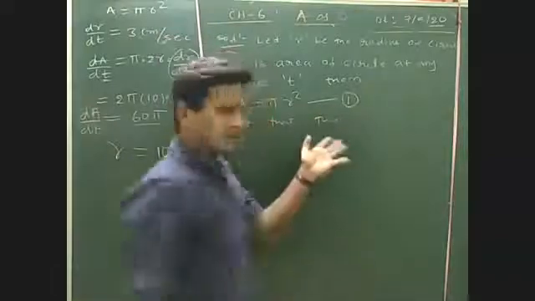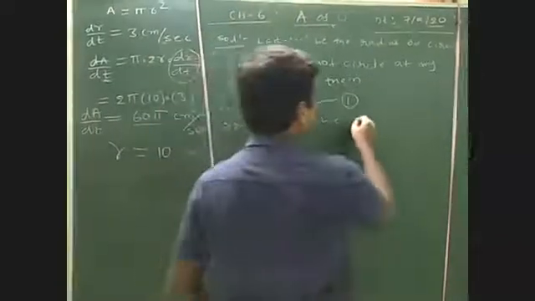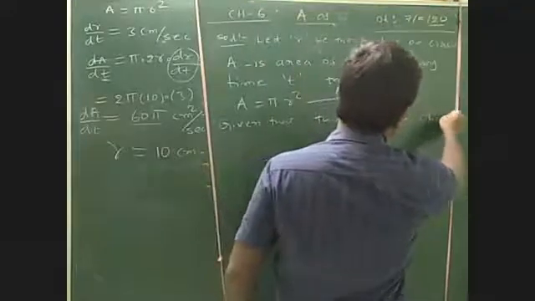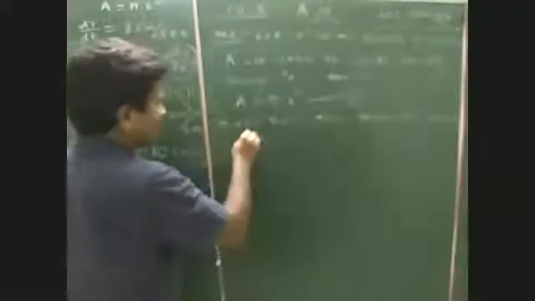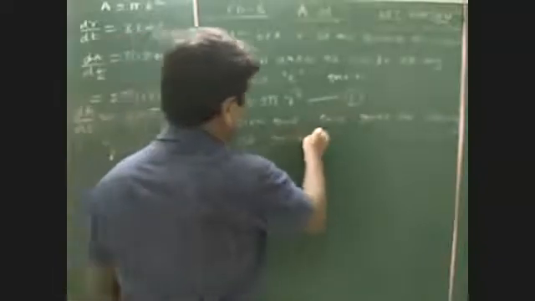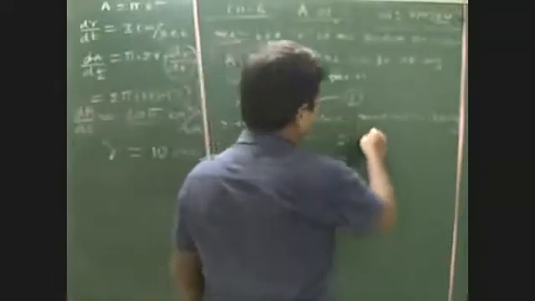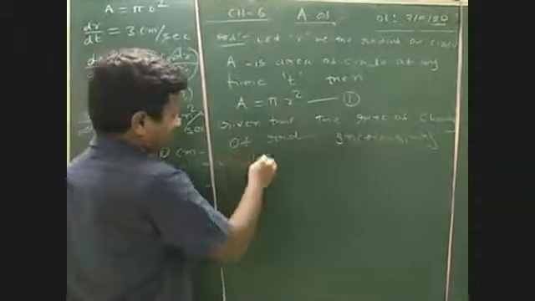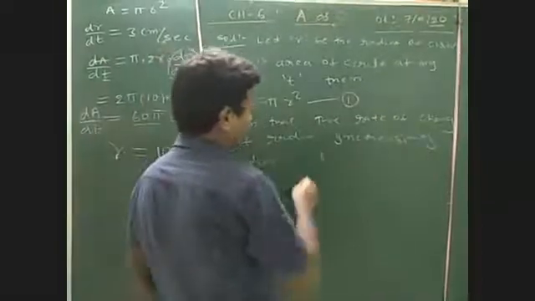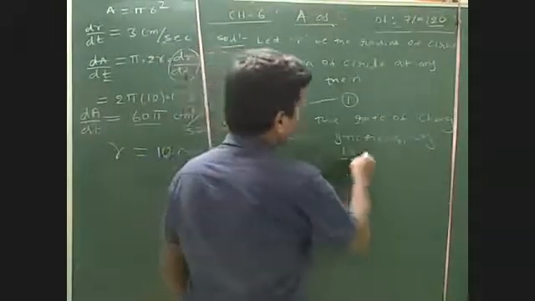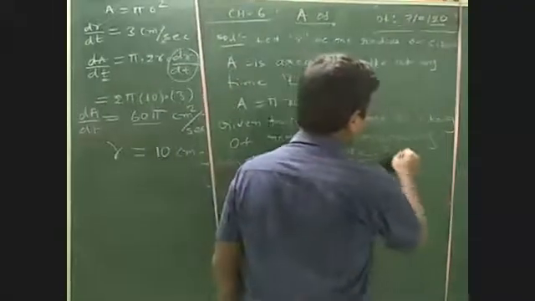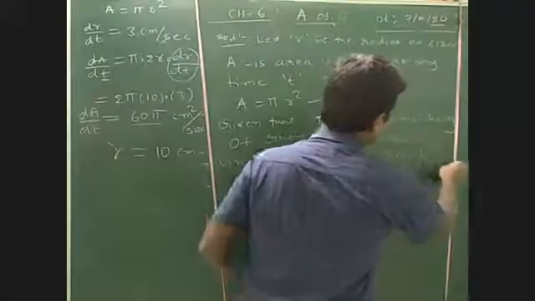And given that the rate of change of radius, increasing uniformly, with respect to time, dr by dt is equal to 3 centimeters per second.